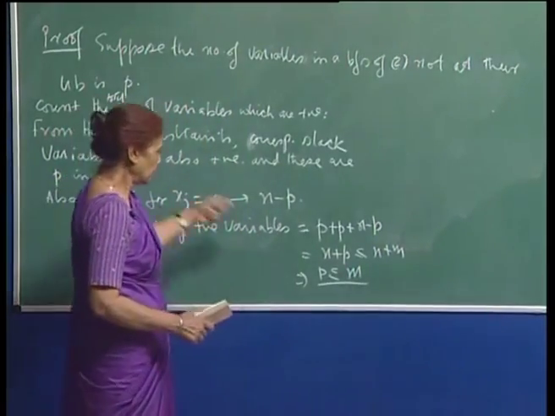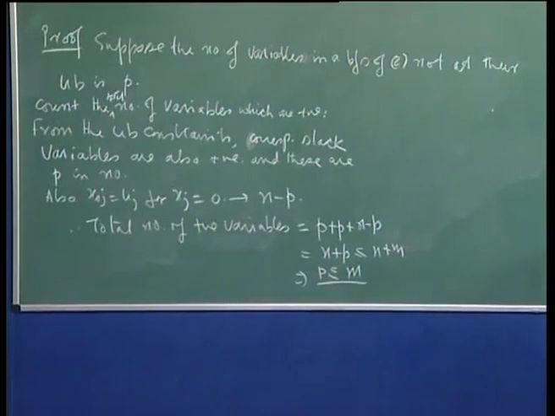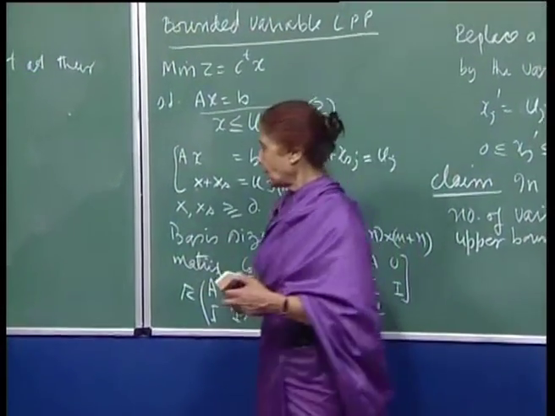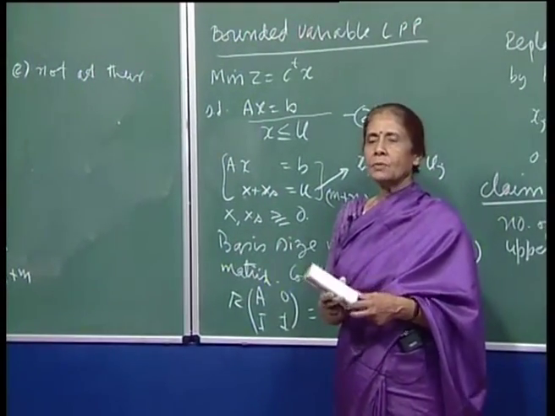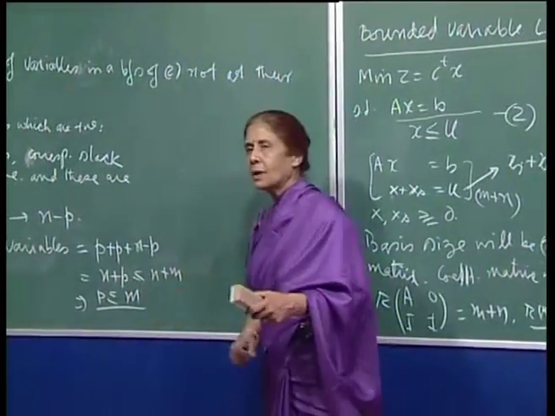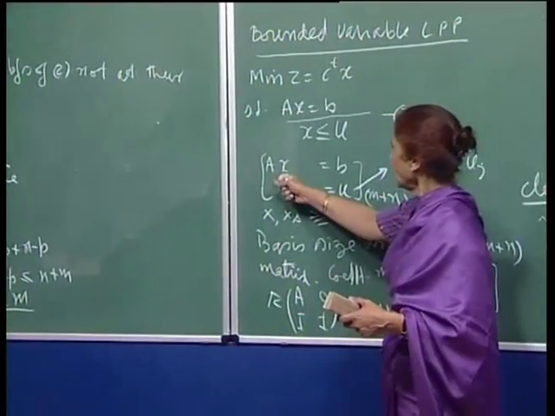So, in case p is less than m, we will have a degenerate basic feasible solution, or we may carry some variables from x at upper bounds. But we can certainly make sure that we do not have more than m positive variables in a basis. So, these variables will correspond to the x variables.